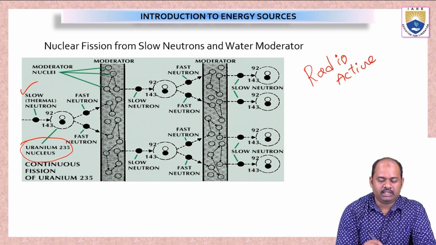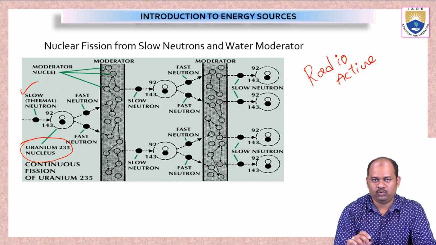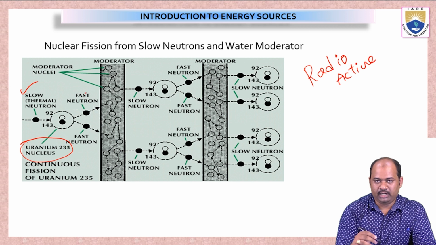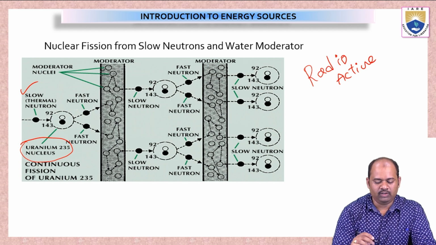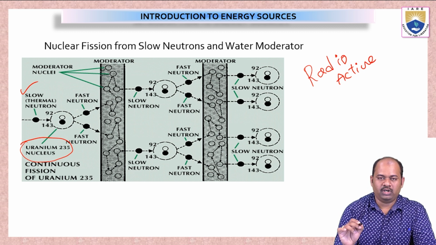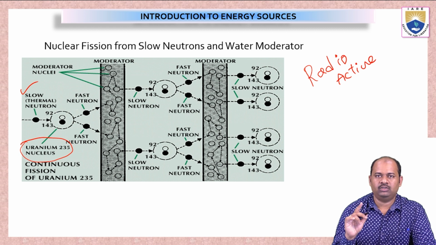What happens? It disintegrates the uranium nucleus into two parts. There are two fast neutrons evolving from the uranium nucleus. When the neutron hits the nucleus, it gives two new neutrons.